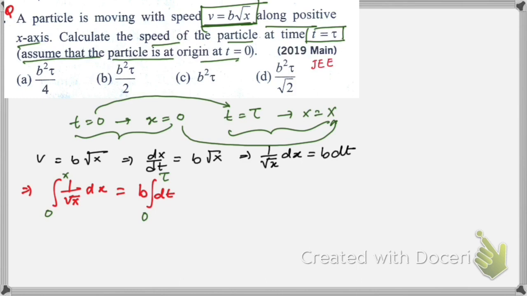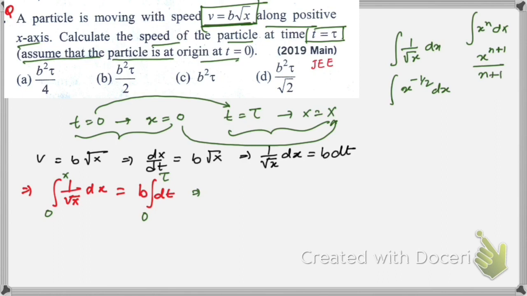Then what will you get? The integration of 1 by root x dx means what? 1 by root x means x to the power minus half. If you integrate this, we apply the integration of x to the power n dx, that is x to the power n plus 1 by n plus 1.